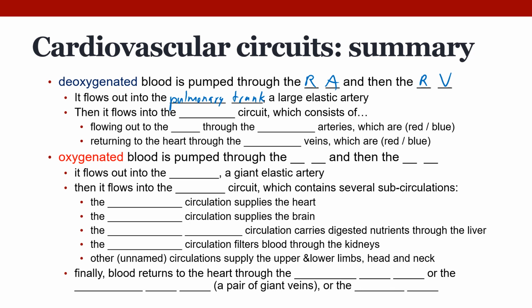Then it flows into the pulmonary circuit, which consists of flowing out to the lungs through the pulmonary arteries, which even though they are arteries, they are blue, returning to the heart through the pulmonary veins, which even though they are veins, they are red.